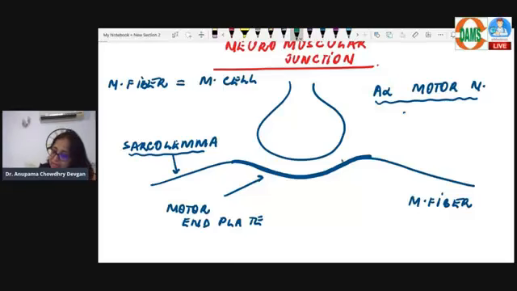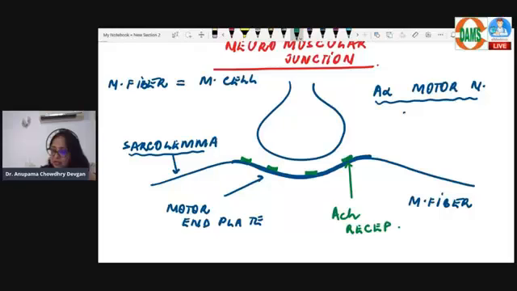And the motor end plate has got receptors for acetylcholine, the neurotransmitter which is released at the neuromuscular junction. So there are acetylcholine receptors present on the motor end plate.